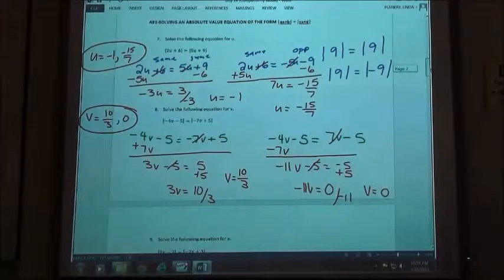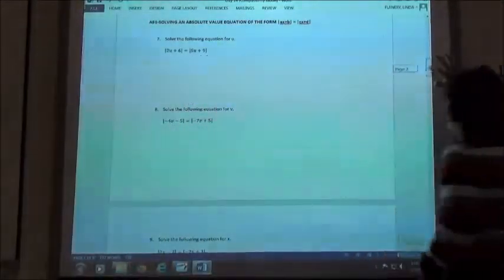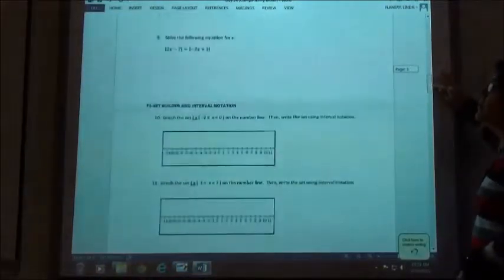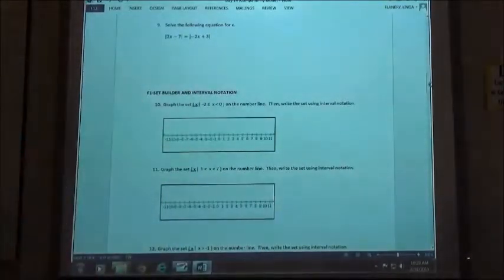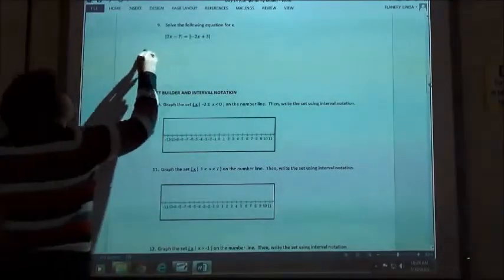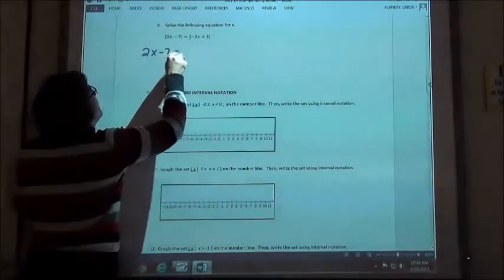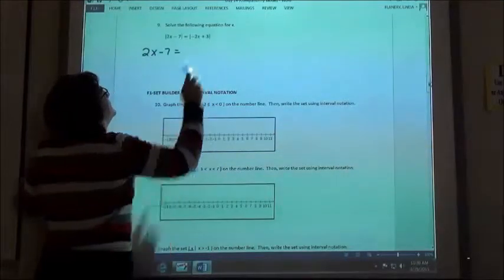All right. So the next one should pretty much be the same. What two problems should I write down to solve for number 9? 2x minus 7 equals 2x plus 3.